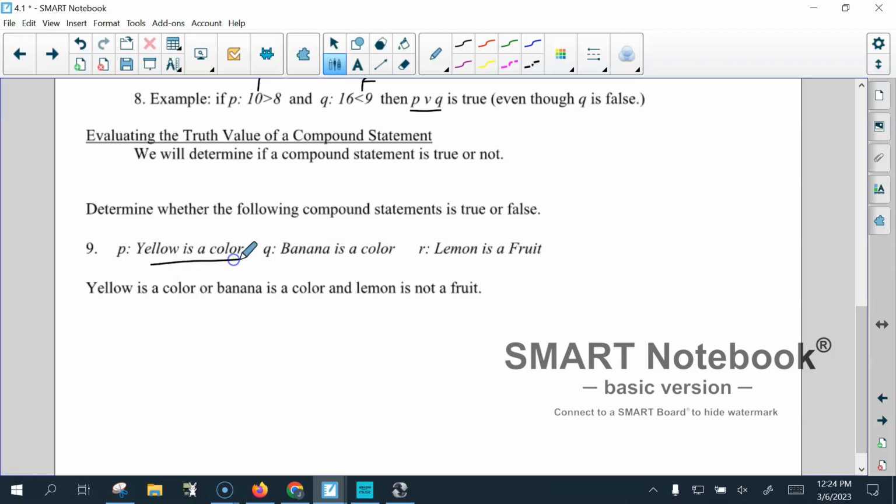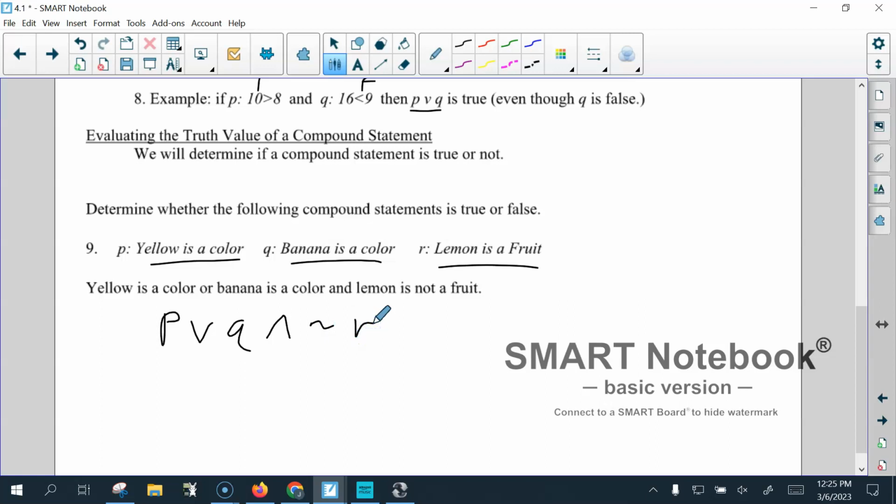So, P represents yellow as a color, Q, banana as a color, R, lemon is a fruit. So, those are P, Q, and R. All right. So, we say yellow is a color. So, we just write the letter P. Or, so we're going to put that V thing there. Banana is a color. That's Q. And lemon is not a fruit. Not R. Okay?